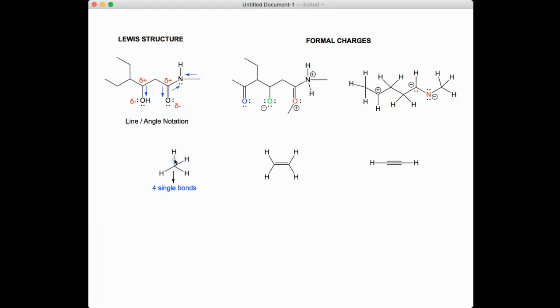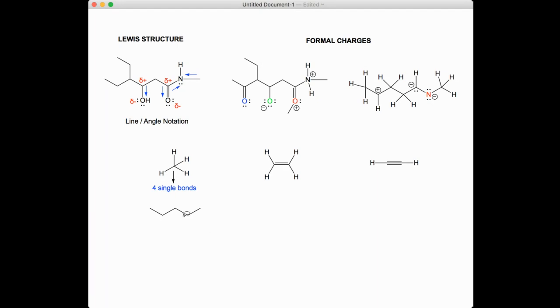Whenever you have a carbon with 4 single bonds, or whenever there is just one bond between 2 atoms, let me give you an example so you can see what I'm saying. Let's say I'm going to draw just another molecule, any organic molecule. In this molecule, how many carbons do we have here? 5 carbons, right?